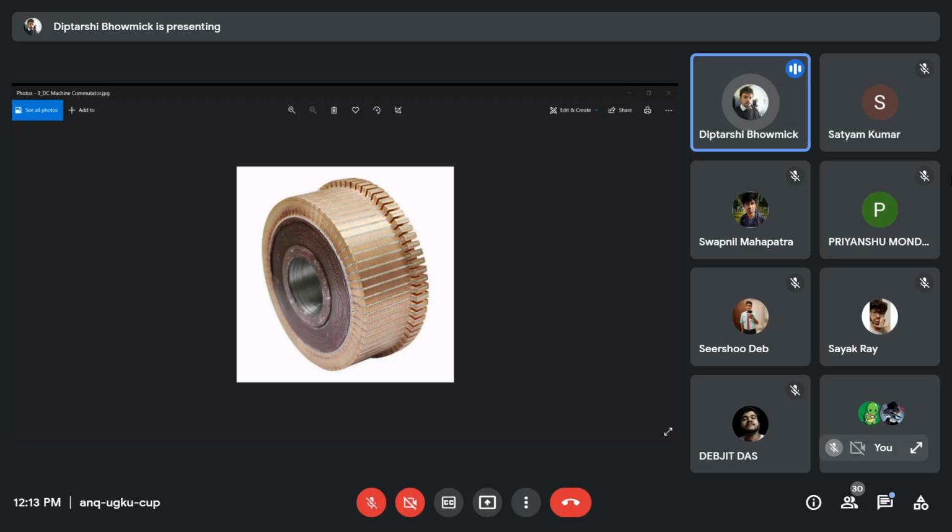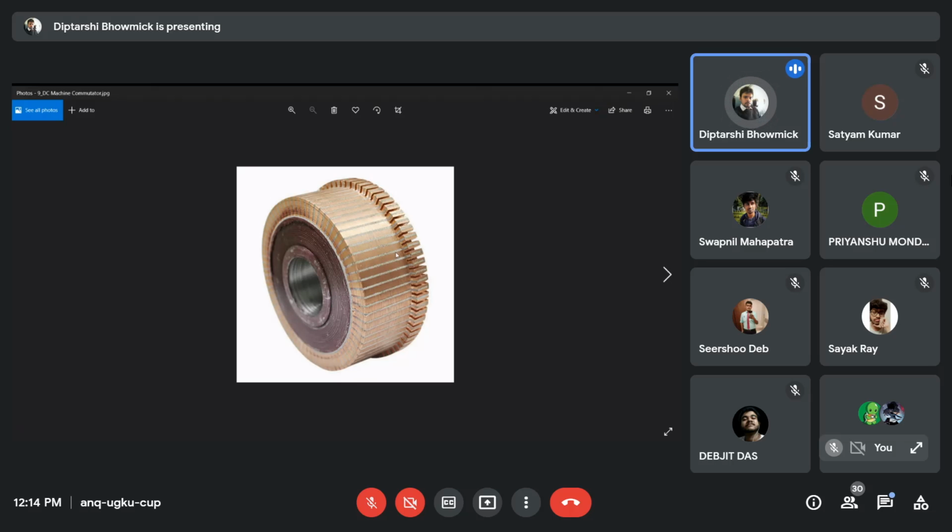Well, is the mica separator undercut? No, it is not undercut. Undercut means if you place your hand over this commutator ring, you find a very smooth structure, though in between two commutator bars there are the mica insulations.